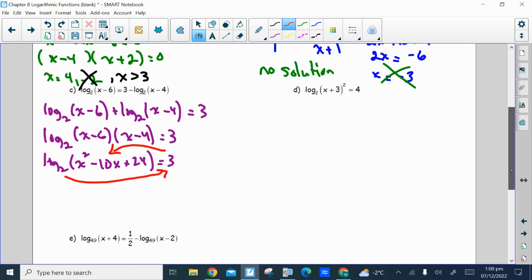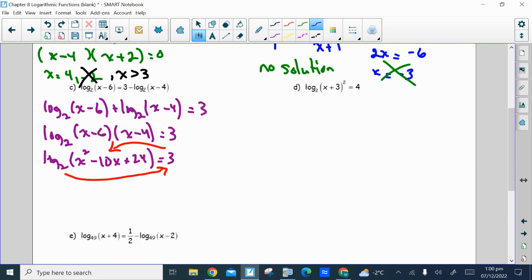So again, we'll convert from logarithmic to exponential, which is 2 to the power 3 equals x squared minus 10x plus 24. 2 to the power 3 is 8, so when you subtract the 8 from both sides, you'll get plus 16.